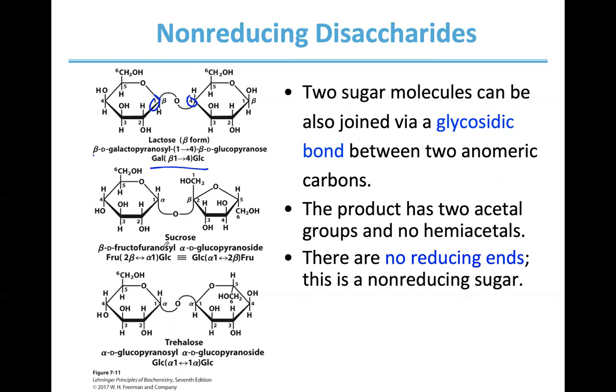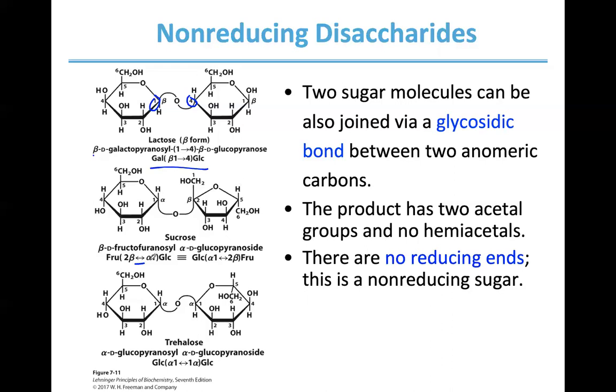So here we use fructose first. So beta-D-fructofuranosyl, alpha-D-glucopyranoside. And you can see here this kind of arrow is used, which means again one anomeric position is 2 beta, which is in the fructose, and the other anomeric position is 1 alpha, which is the one in glucose.